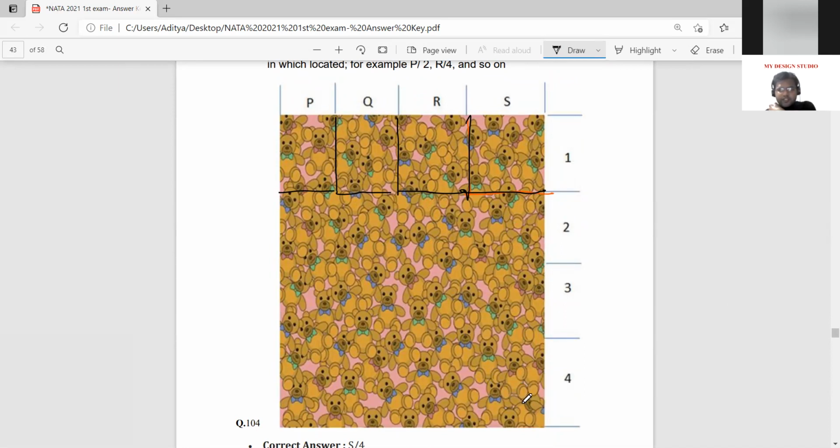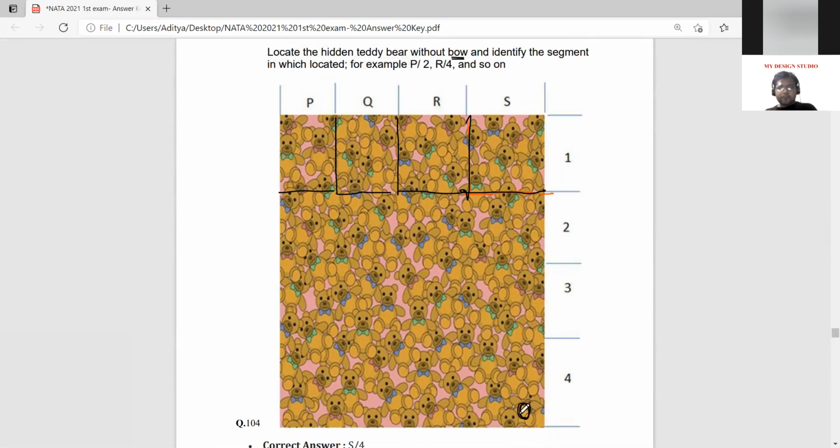Here we can see this teddy bear doesn't have this bow tie. The rest of the teddy bears all have. So what do you need to focus on? You need to focus on the face, because just below the face you can see the bow tie. Right now this is in the S4 portion, so S4 is the answer for this.